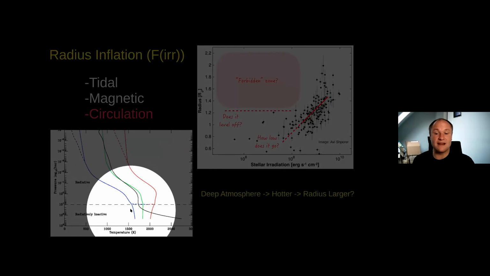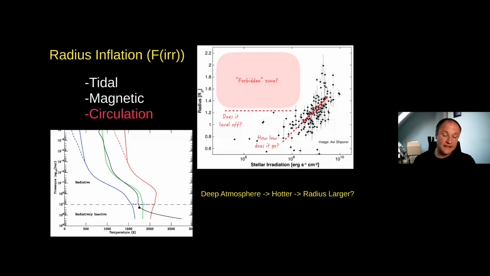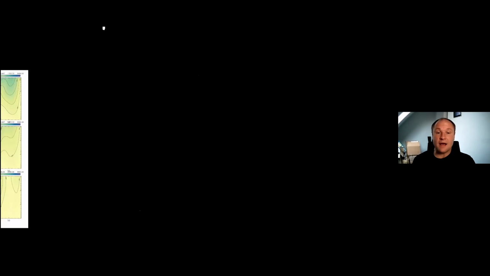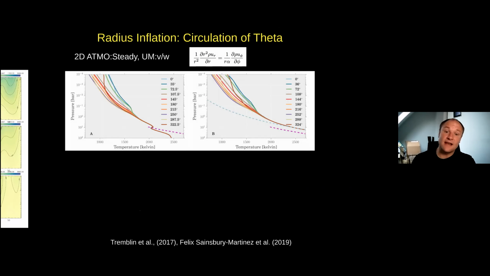This region is radiatively inactive, there's no radiation getting to it, so your initial state is frozen in. That initial state in the deeper regions is important to setting the global radius of the planet, so whatever happens down there in our simulations is dynamic.